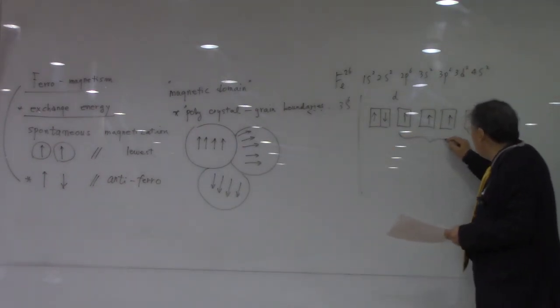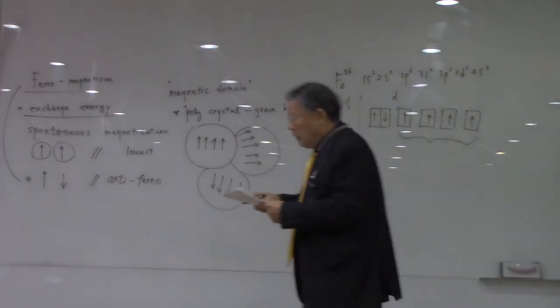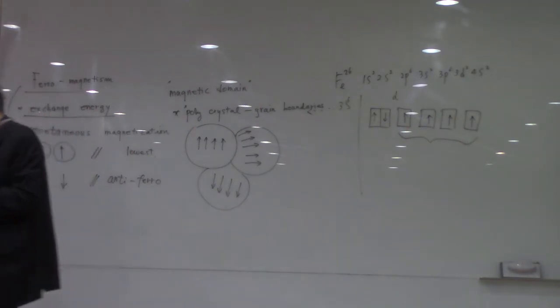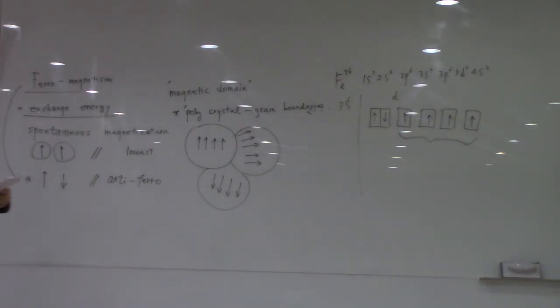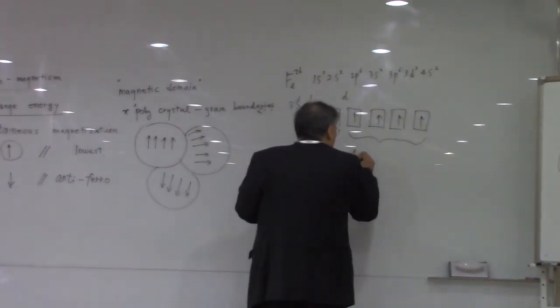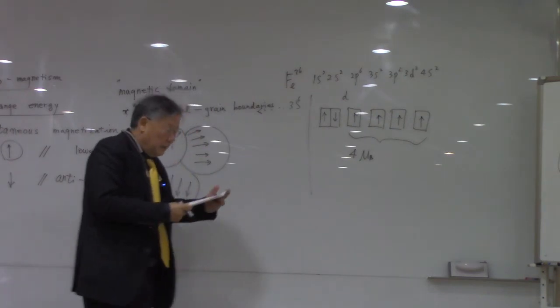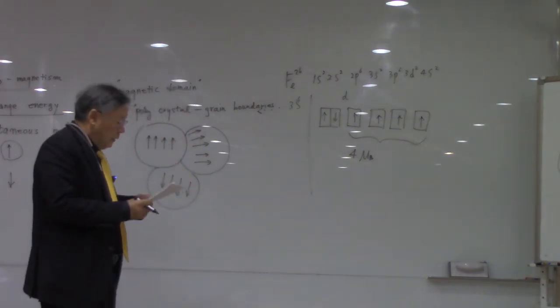So we have 4 unpaired electrons, and then the magnetic moment of this is going to be 4 times the Bohr magneton, the unit of the magnetic moment, right?